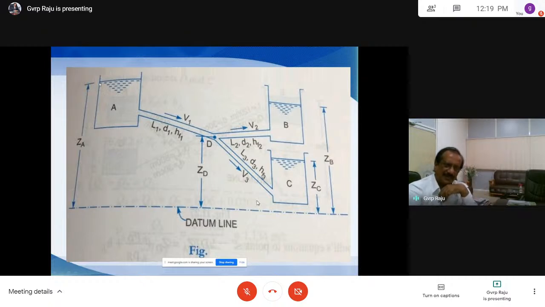ZA, ZB, and ZC are the datum heads for reservoirs A, B, and C. And we have V2, the velocity of the water flowing through pipe 2, and the length of pipe 2 is L2, diameter is D2, and HF2 is the head loss due to friction. And L3, D3, HF3.